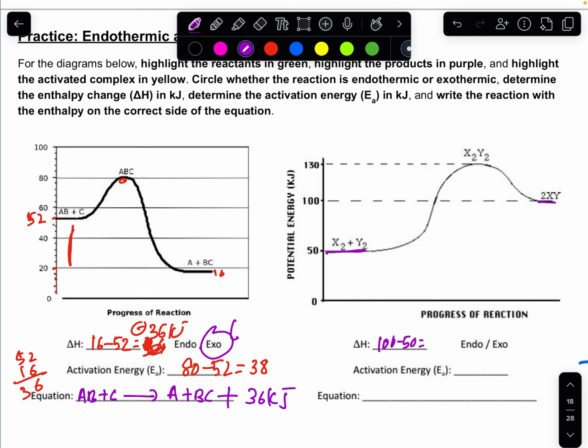So 100 minus 50 is 50, and it is positive, so it is endo. Activation energy is 130 minus 50, that is 80. So the equation will be X2 plus Y2. Since it is endothermic, you are going to add 50 on the reactant side.